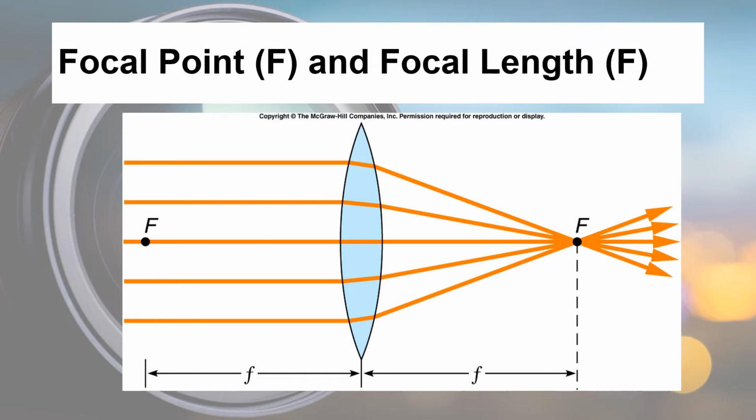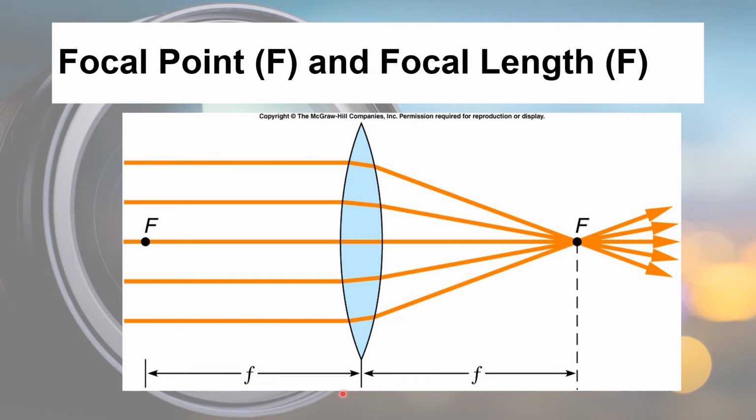When parallel light rays strike a lens, specifically a double convex lens, the refracted rays bend towards the thicker part of the lens, which is the center, and meet at a common point called the real focus. Focus is the point where the refracted rays meet. It is also called the focal point.